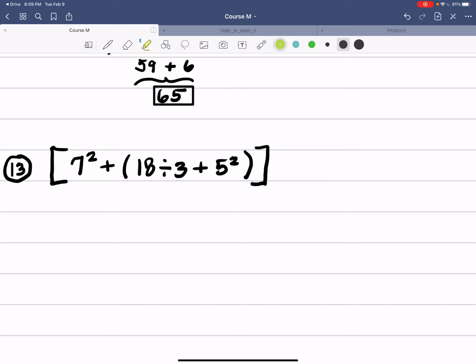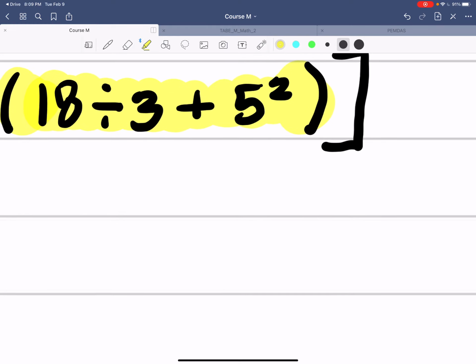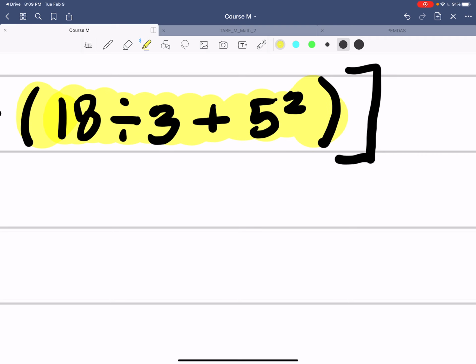So you start with parentheses right here. And I'm going to zoom in there so that's all we can see is what's in those parentheses. Then I will have to say 5 times 5 is 25.